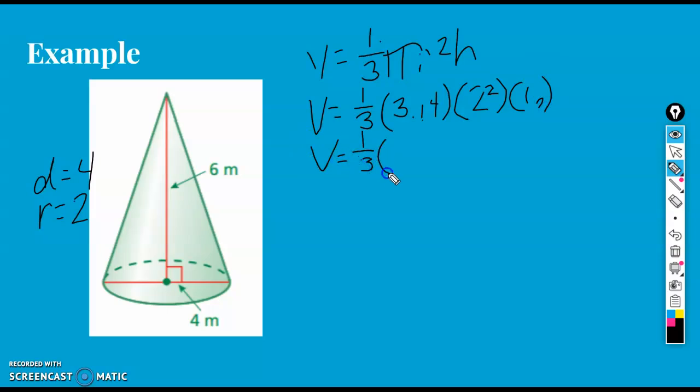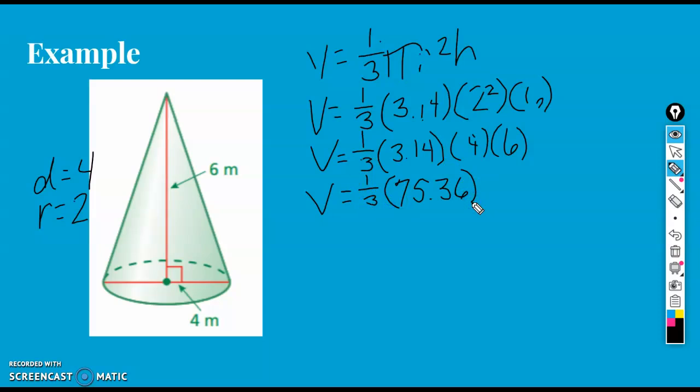Remember order of operations, so we square our number first, so that's 2 squared is 4. And now what we're going to do is multiply pi times the radius squared times the height. So that's 3.14 times 4 times 6, which is 75.36. And we're going to take 1/3 of that number.